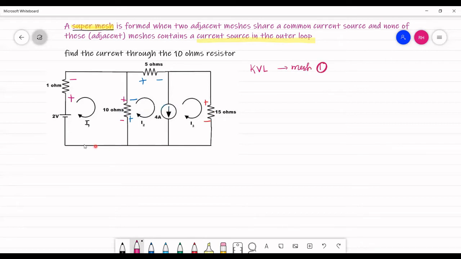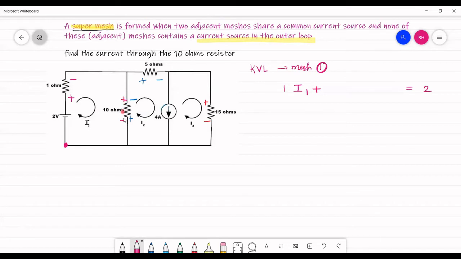Remember to walk along mesh 1. So this is mesh 1, and I am going to take a walk along it. Take some random point and start your walk from there. When I walk, I travel from minus to plus, so after the equal to sign I write 2. Then from plus to minus, I see a voltage of 1 into I1. So it is 1 into I1, since I have crossed this element.